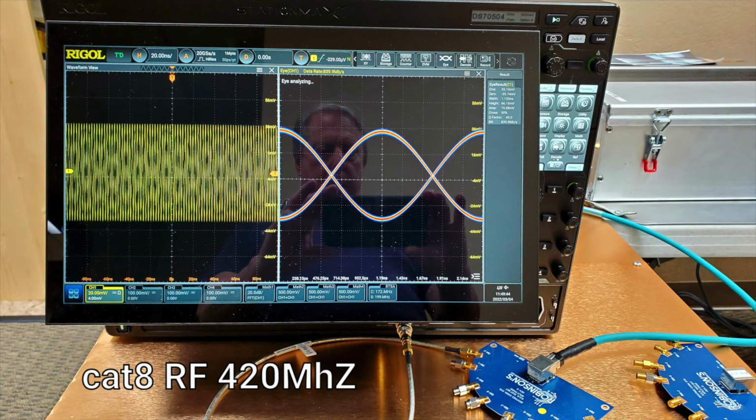This one here, we had done a CAT8 RF energy at 420 megahertz. One of the questions was, since I'm running my cables at 6 feet, and the average connector usually runs around 400 megahertz, they said, well, what does the eye look like for this particular unit?